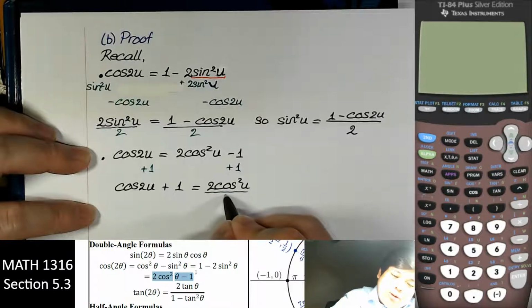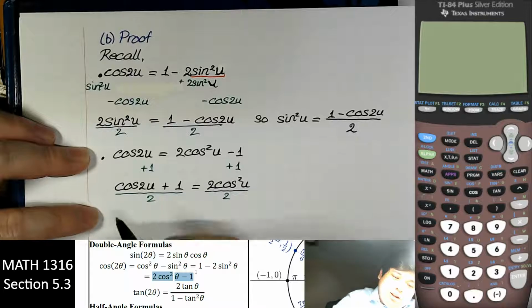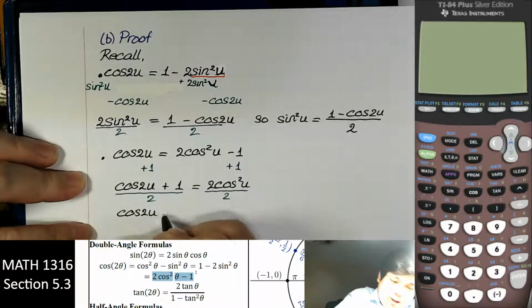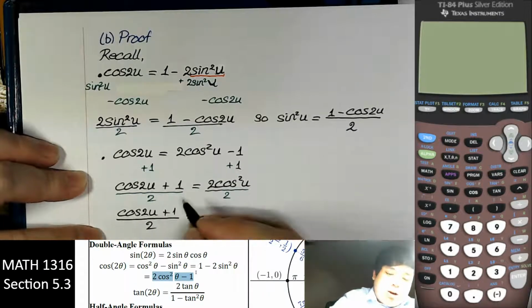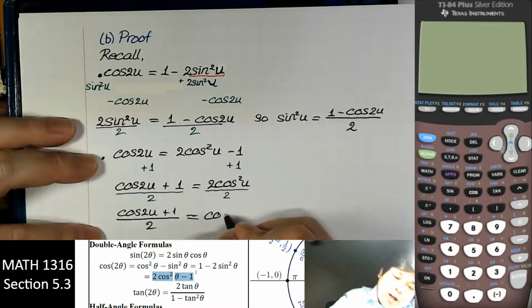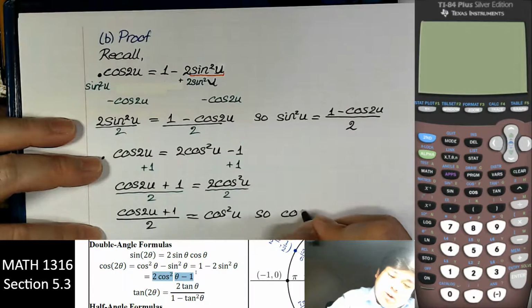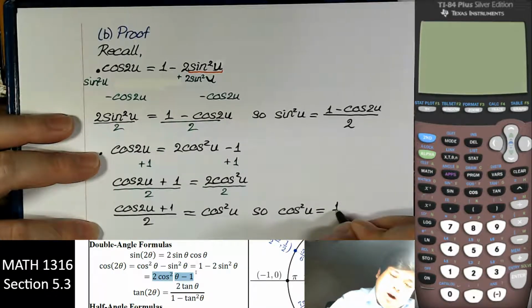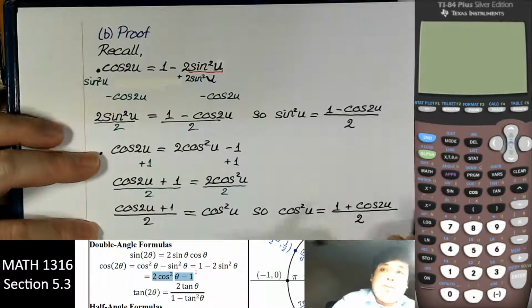And then divide by 2. So we have cosine of 2u plus 1 divided by 2. 2 and 2 cancel out. Cosine square is 1 plus cosine 2u divided by 2.